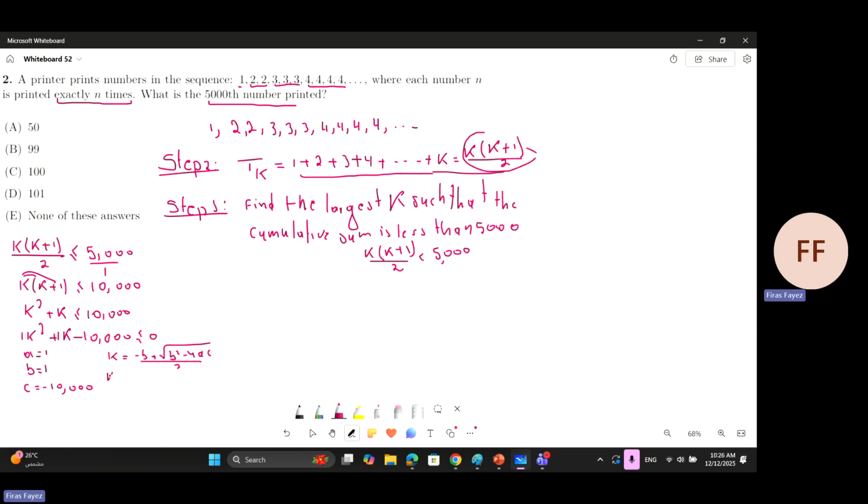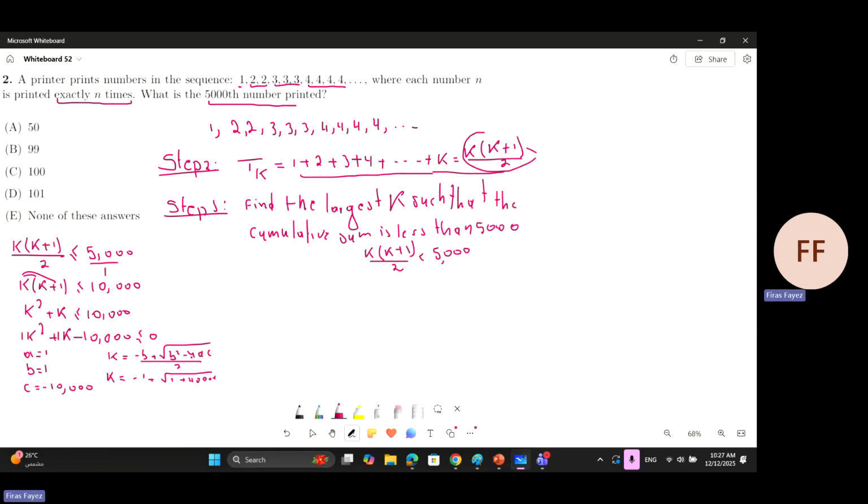Now substitute: k equals negative 1 plus the radical of b squared, which is 1 squared, this is 1, minus 4 times a times c, which is minus 10,000, so plus 40,000.